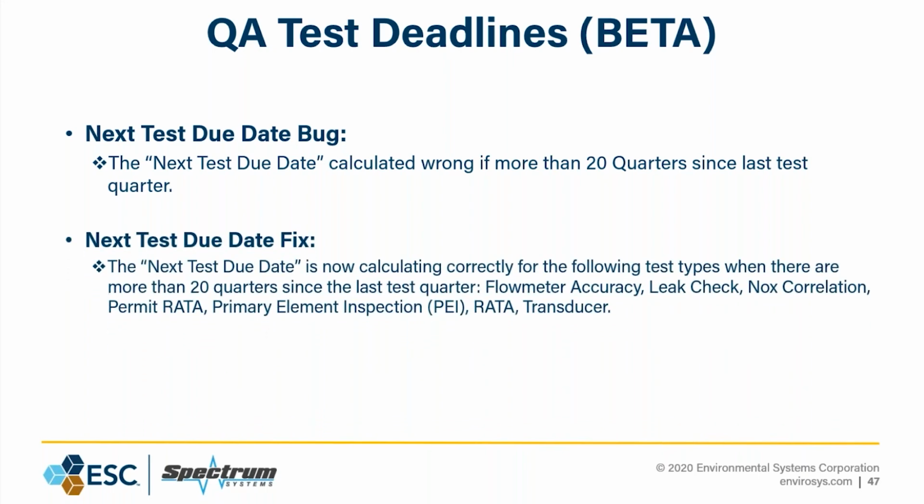Now the next test due date is calculating correctly for the following test types when there are more than 20 quarters since the last test quarter: your flow meter accuracy test, leak check test, Knox correlation, the permit RADA, your primary element inspection, your Part 75 RADA and transducer test. These are now calculating correctly in QA test deadlines for the next test due date.